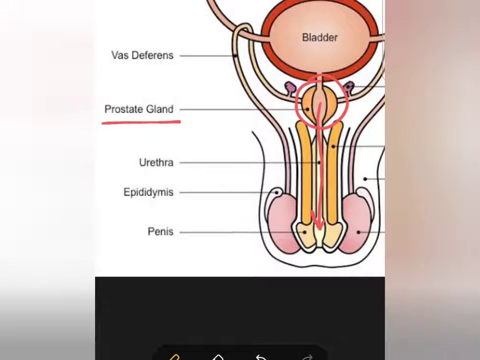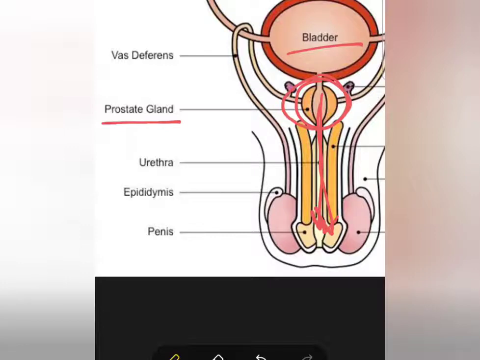At the base of the neck region of the urinary bladder. So this is the urinary bladder where the urine is temporarily stored, and then the urine is excreted out of the body through the urethra. We all know this. And around the urethra, at the base of the neck of the urinary bladder, the prostate gland is located.